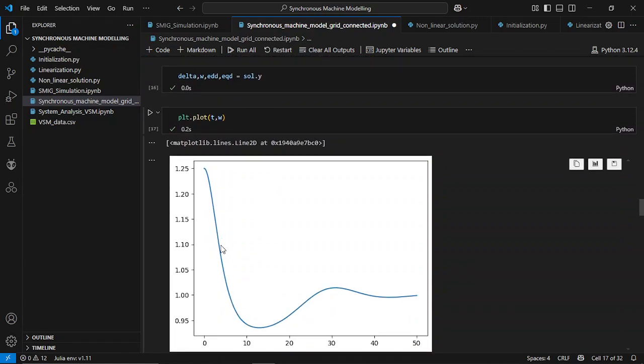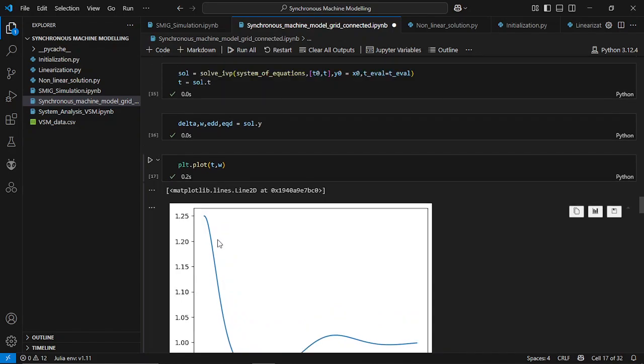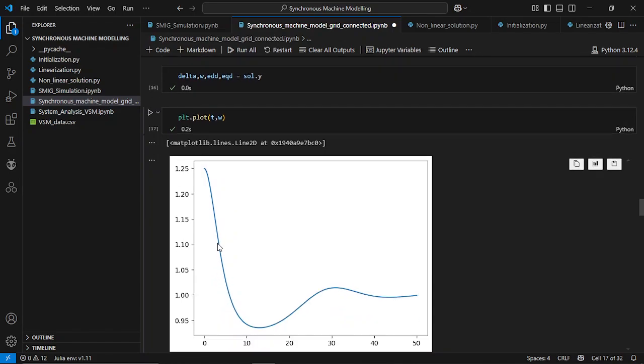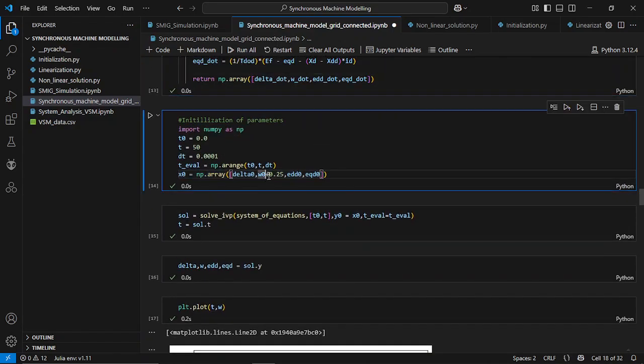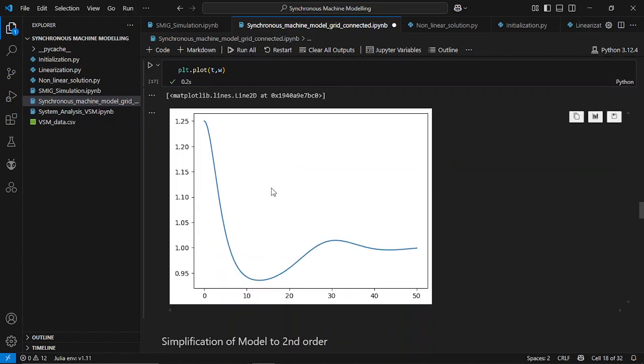So initially, the speed of this synchronous machine was 1, but at 0 time I put an initial condition of 1 plus 0.25, that is 1.25, and it will start from 1.25. But you know, in a synchronous machine the speed cannot be changed, right? The speed has to be constant because by name it is a synchronous machine.